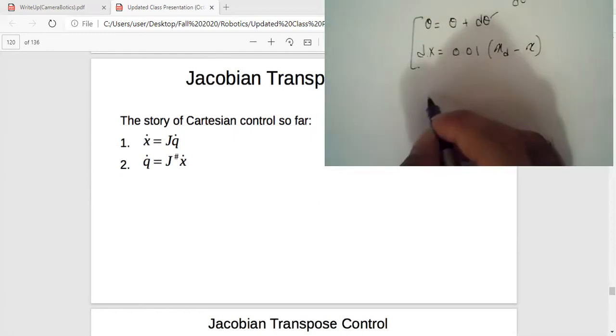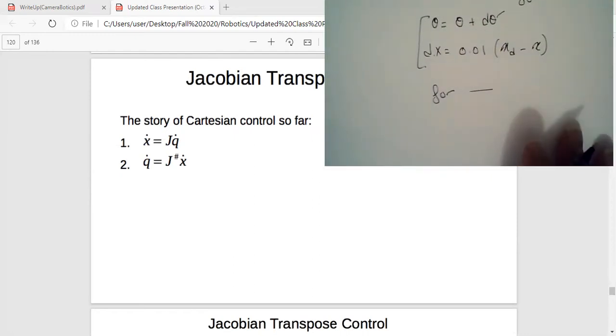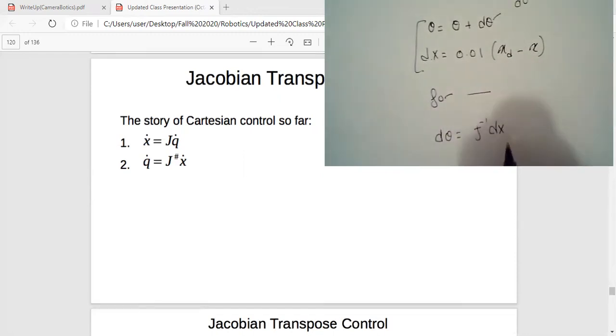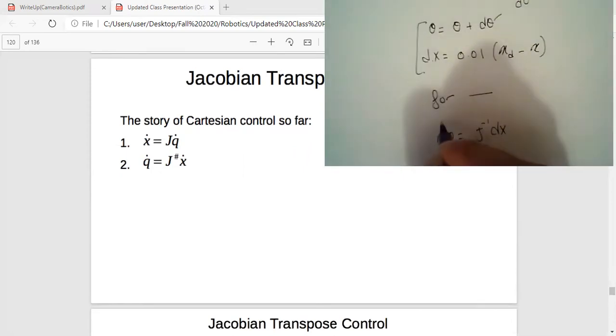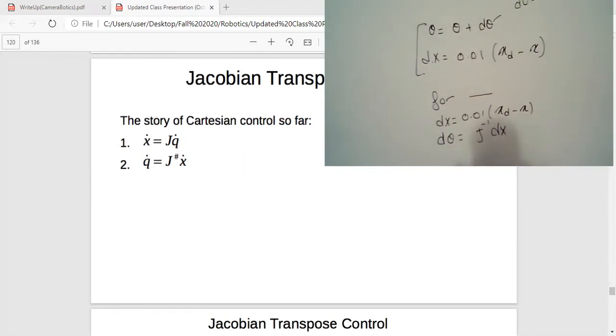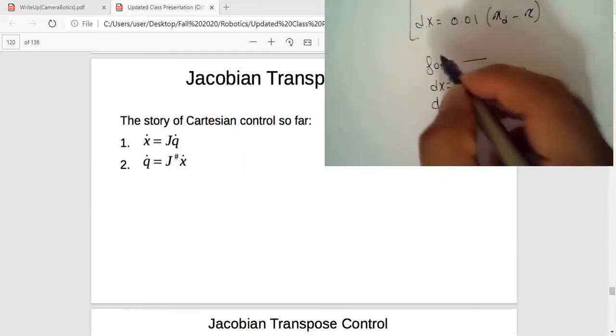If it was a Matlab code, I'm gonna do like a for loop. So d theta is gonna be equal to J inverse dx, right? But what is dx? Dx is equal to 0.01 times x desired minus x, right? X desired is any value.